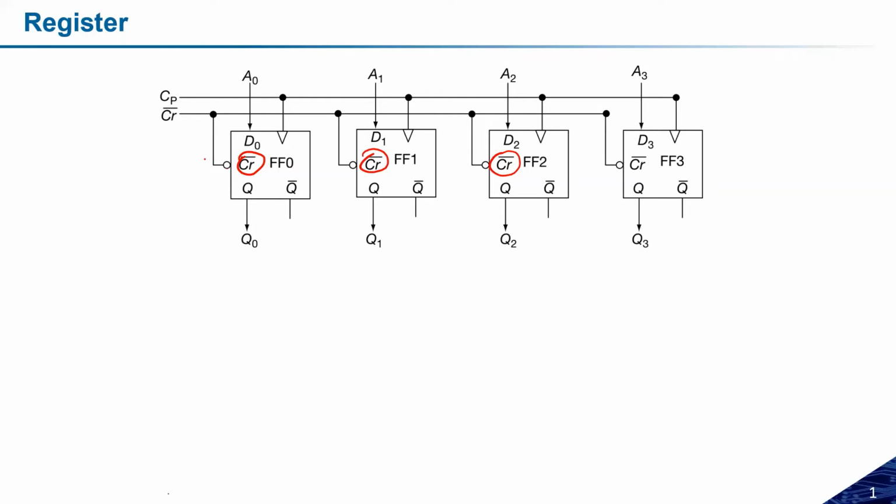If this logic is 0, it means whatever data is stored will be cleared and the output will be 0 0 0 0. And if it is 1, in that case, whatever the inputs are will be passed through. So if I want to clear or reset the data, I need to activate this one.